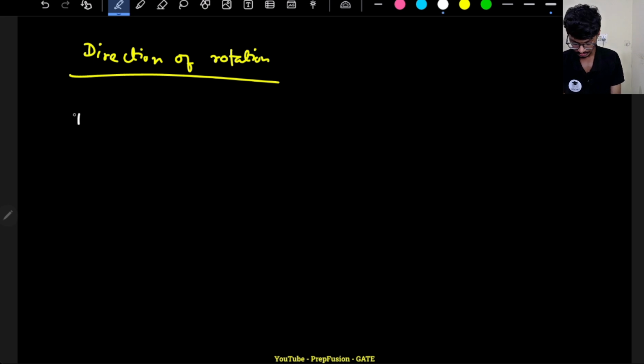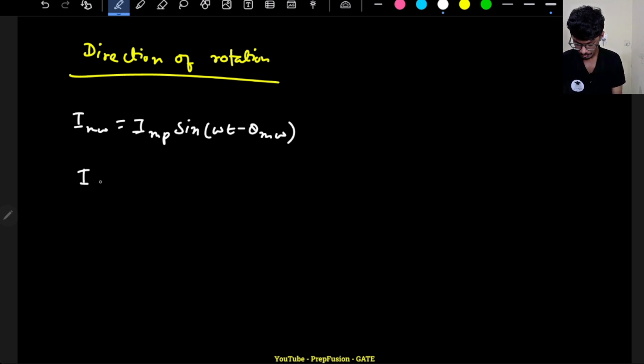Let's assume that my main winding current is I_MW equals I_M peak sine of omega t minus theta_M, and my I_AW is equal to I_A peak sine of omega t minus theta_A.